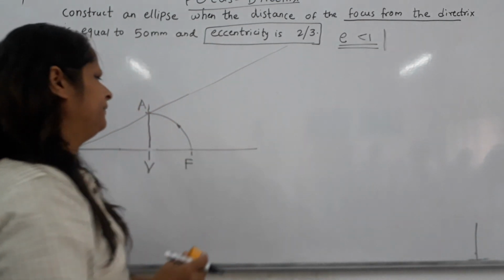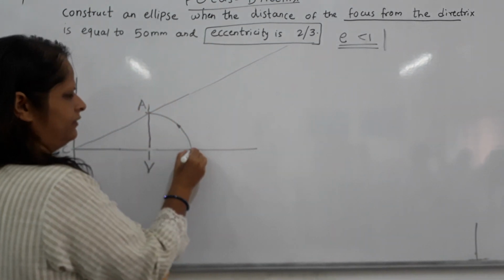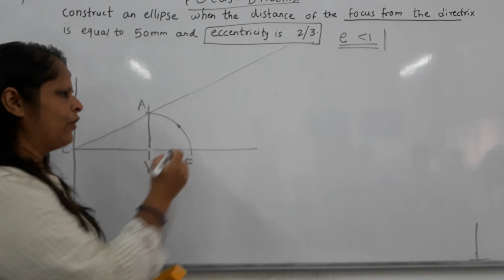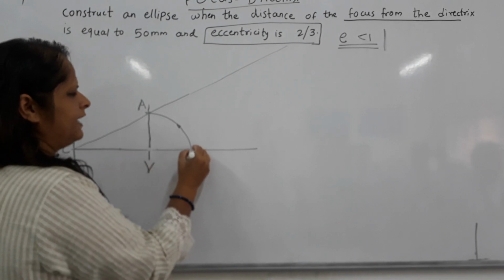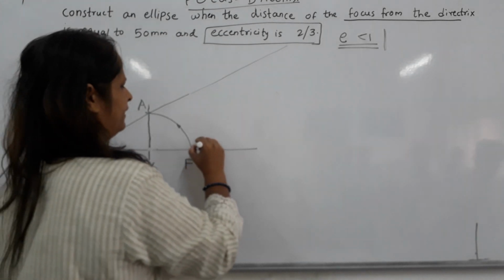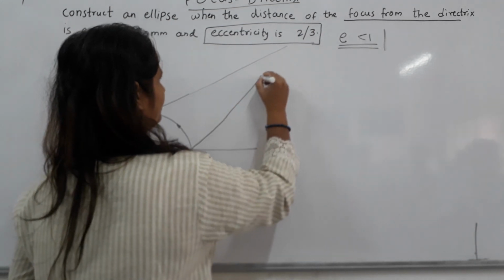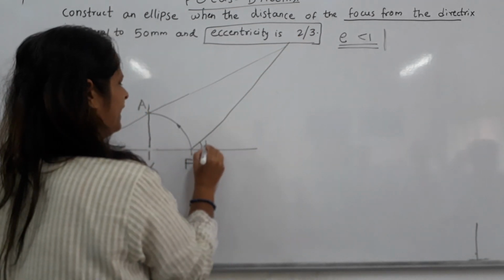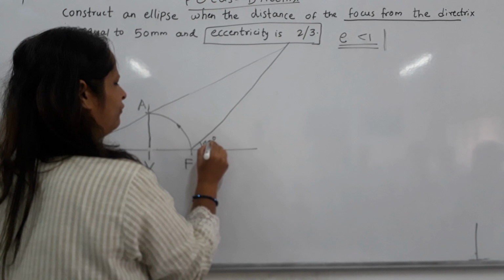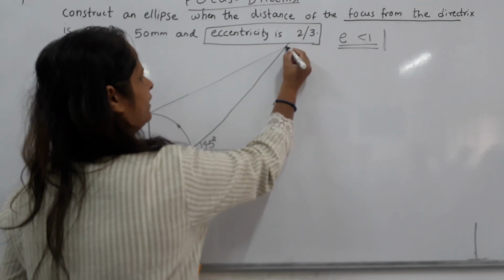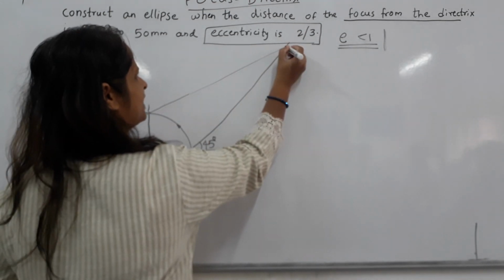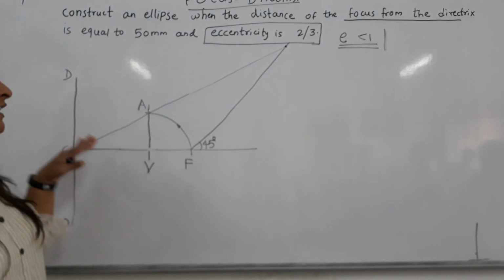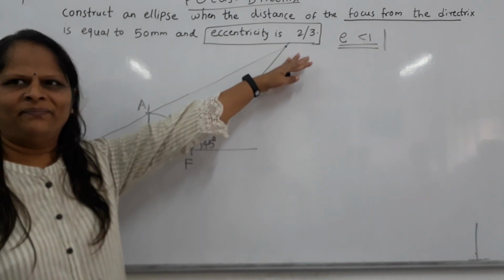How to locate it? Listen carefully: from F we will draw one line at an angle of 45 degrees, and the point of intersection we will mark. So these two lines will intersect somewhere. Are you getting?